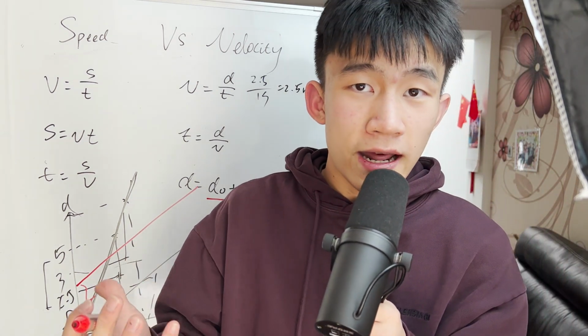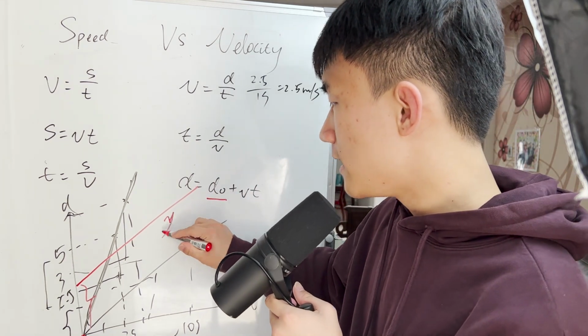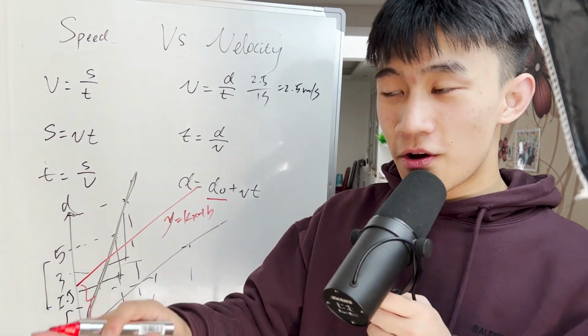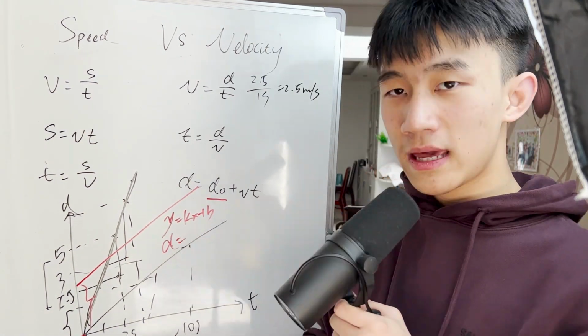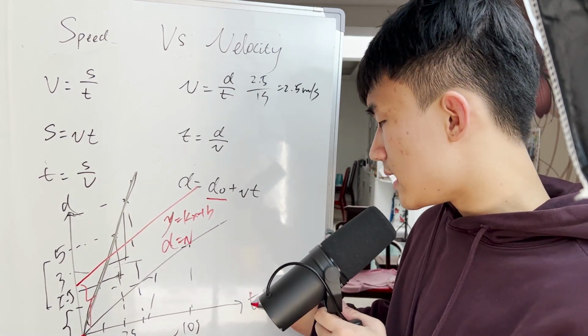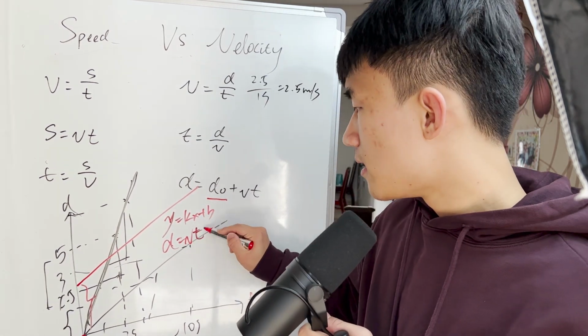So we've studied in middle school what is the equation of a straight line. It is y equals kx plus b, right? And in this case, y is just the vertical axis, which is the displacement, will be equal to velocity times x. What is x? x is time. Velocity times time plus b.